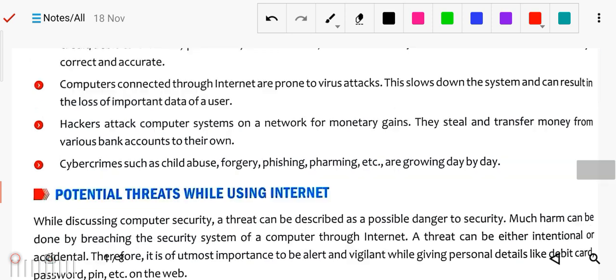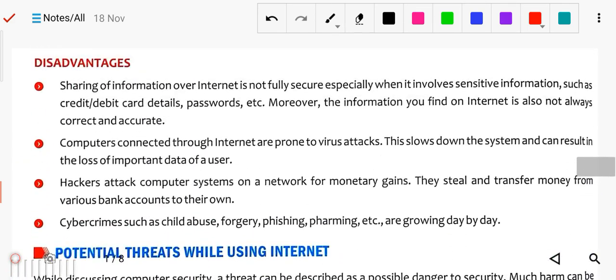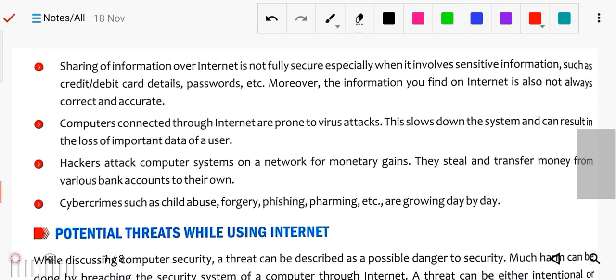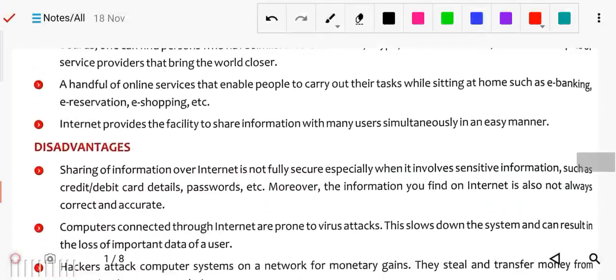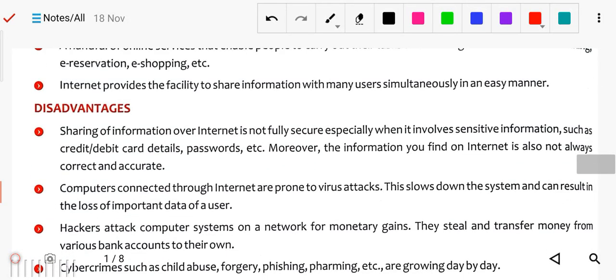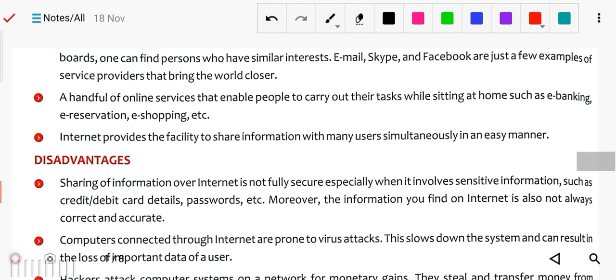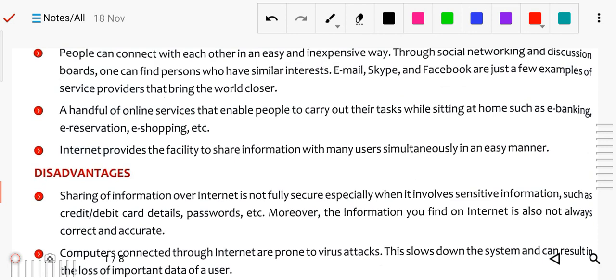Now next we have the disadvantages. Sharing information over the internet is not fully secure, especially when it involves sensitive information such as credit card details and passwords. Moreover, information you find online may not be correct or accurate.